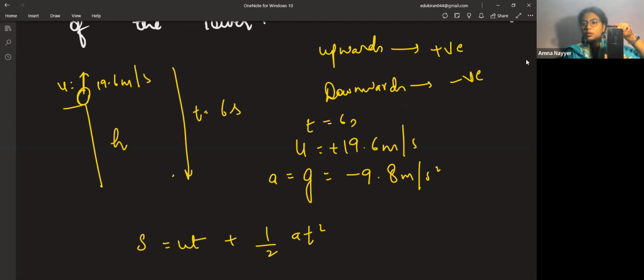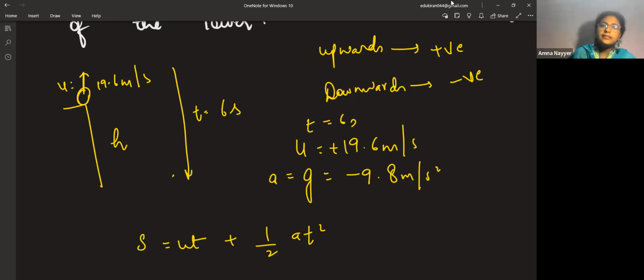The ball has been thrown from here. The body moves and comes back to the ground. This is the actual distance. But when we are considering displacement, do we consider the total path? Whenever we are considering displacement, we always consider the initial point and the final point. So initial point and final point, that becomes the height of the tower. Understood? So that's why we are considering it as h.